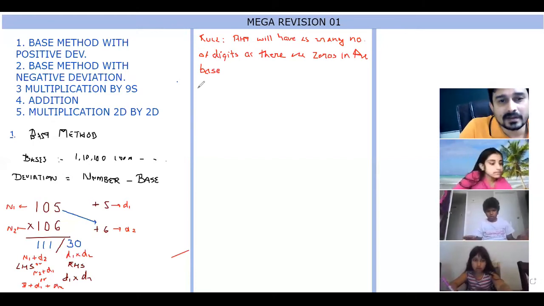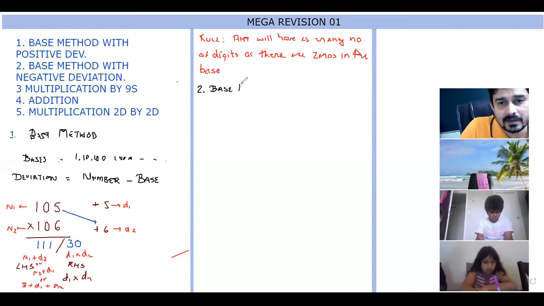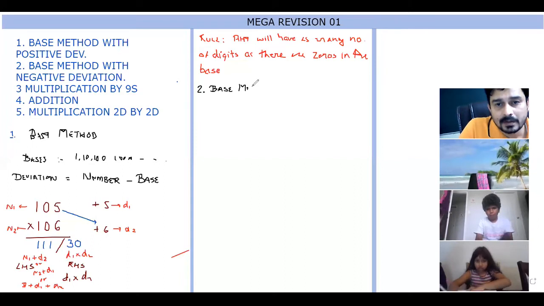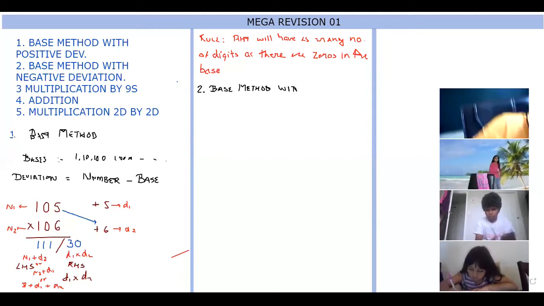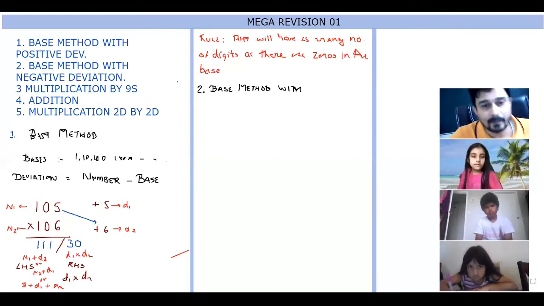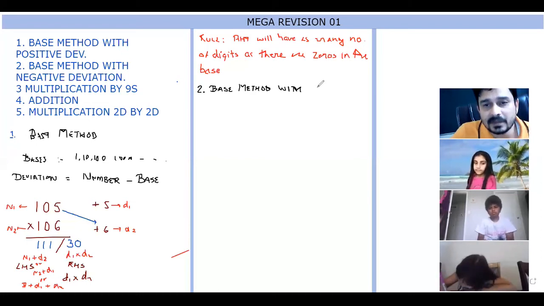Okay, the second method is the base method with negative deviation.